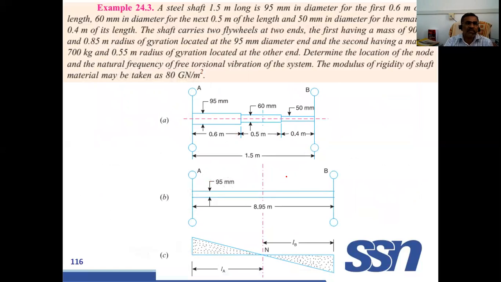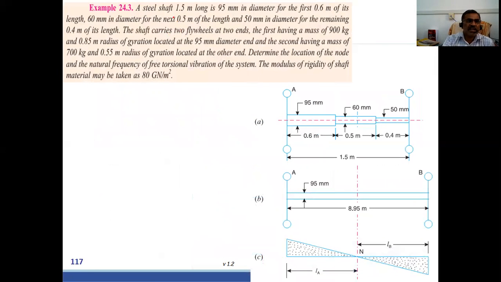Now we have a problem. Say a shaft is 1.5 meter long, so the total distance is 1.5 meter. It has different diameters: 95, 60, and 50, with lengths 0.6, 0.5, 0.4. These are all the dimensions. The shaft carries 2 flywheels at the 2 ends.